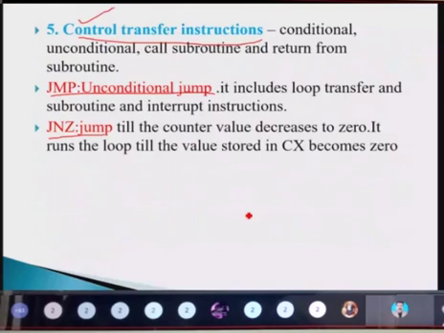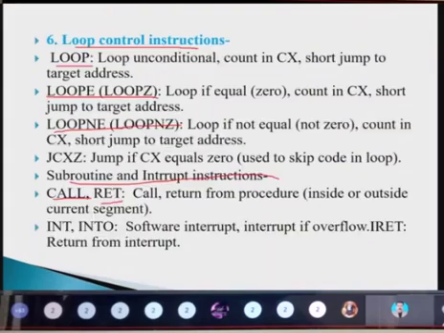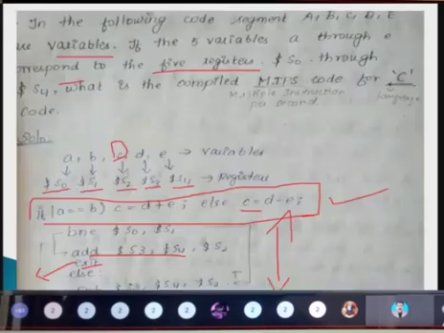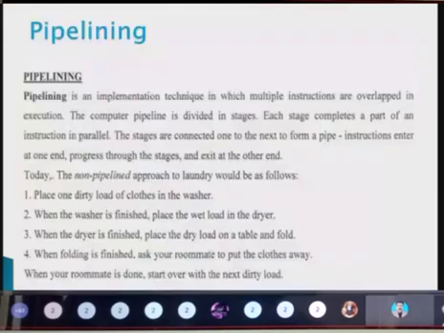If I want to jump from one instruction to another instruction, I'll be using JMP. Loop control instructions means I'll be going for CALL and RET mostly. And under processor control instructions, there are pop flags, CLC clear, all those flag manipulation operations we'll be doing here.